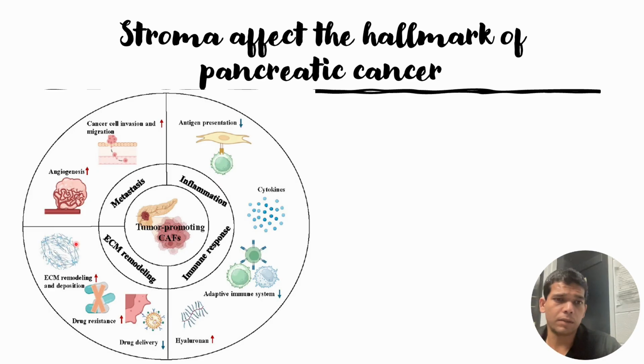So these are the main four hallmarks. This is how the stroma affects the main four hallmarks of pancreatic cancer, that is metastasis, inflammation, immune response, and ECM remodeling.